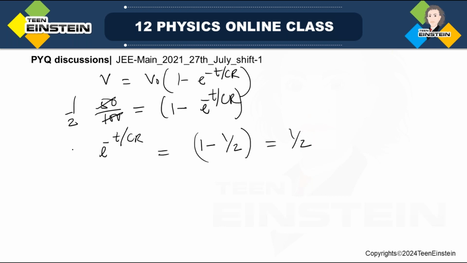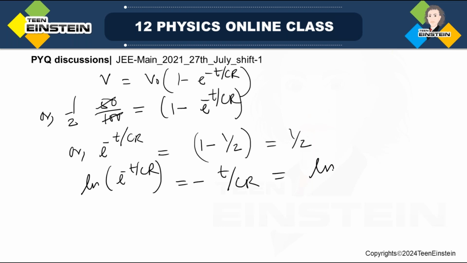So now let us take antilog or ln of this term. If you take ln of this term, what you get? This will be minus t by CR. And on the other side you take ln half, right?